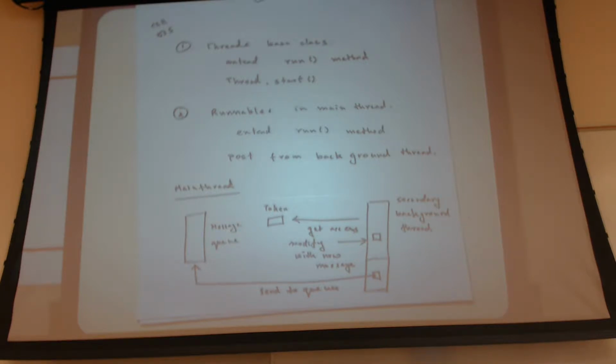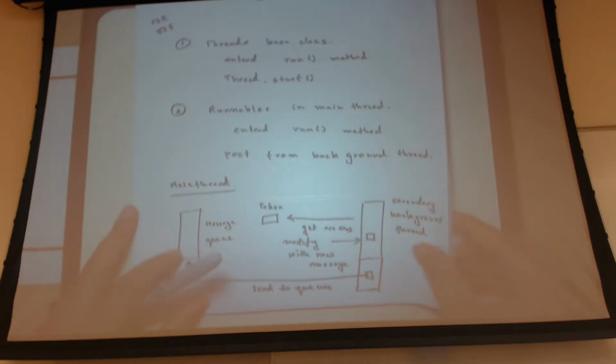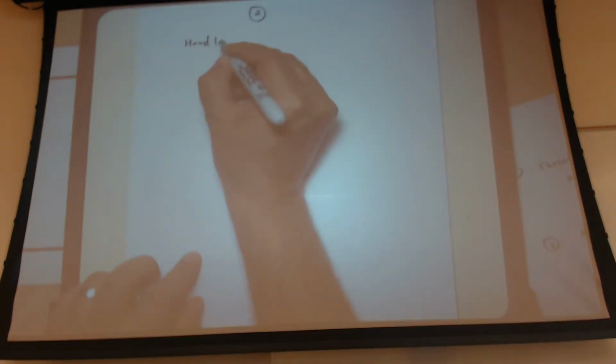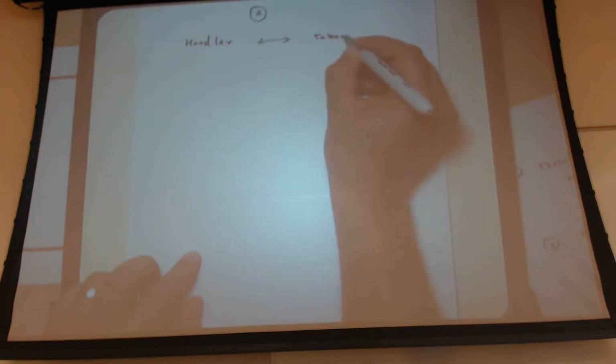Now in code, these are done using the class Handler. So the handler is this token. This token is similar to a handler. In code we have the concept of handler, and this directly corresponds to the concept of token.